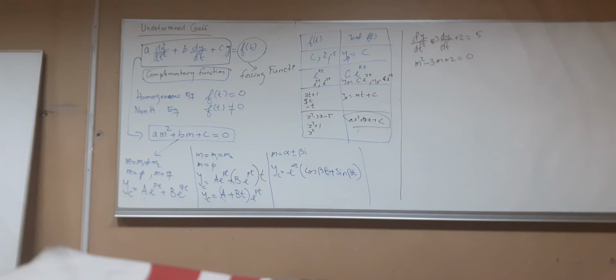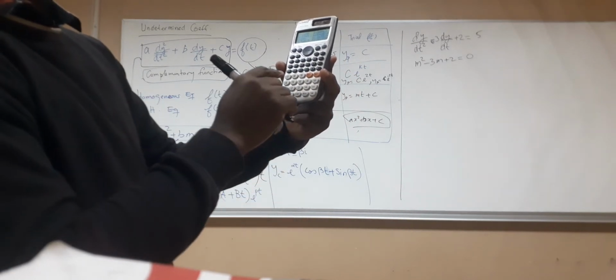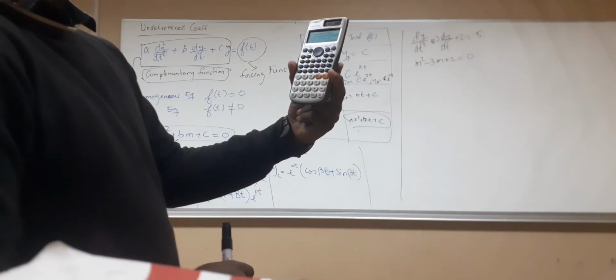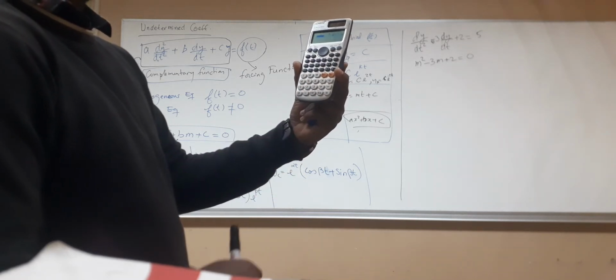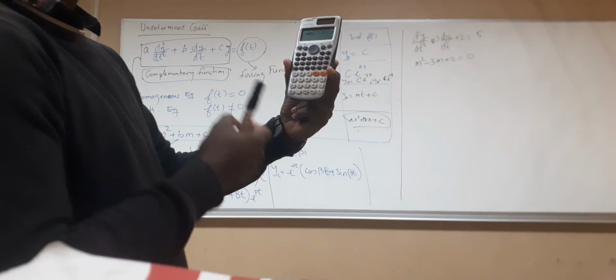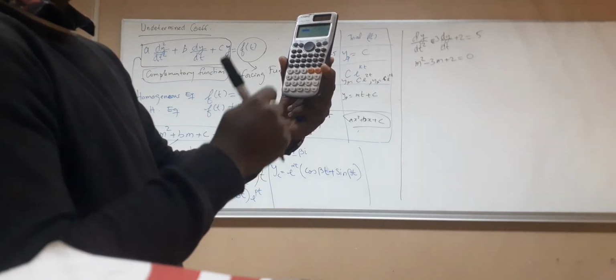So for you to use a calculator, it's simple. You press mode. After mode, you go to 5, which is equation, and the quadratic equation is number 3. You press 3. After that, you insert your data, but here you only take the coefficients. The first coefficient is 1.